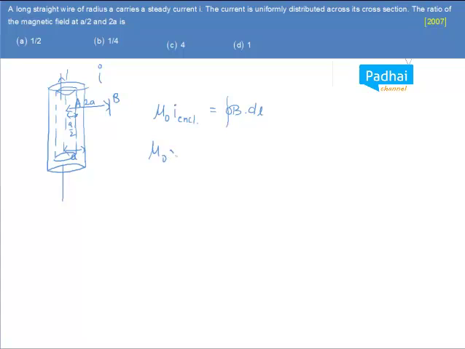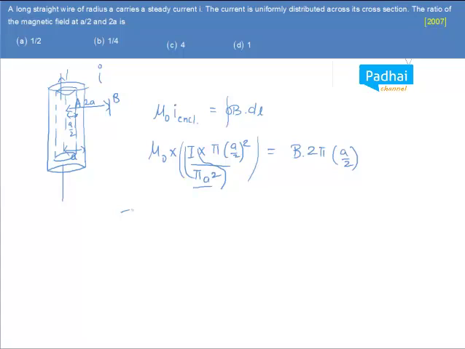Because the current is uniformly distributed across the cross section, if the total current is I, then up to this point it will be I times pi (A by 2) whole squared divided by pi A squared, which is the current per unit area times the area. And dl gives B times 2 pi into A by 2.